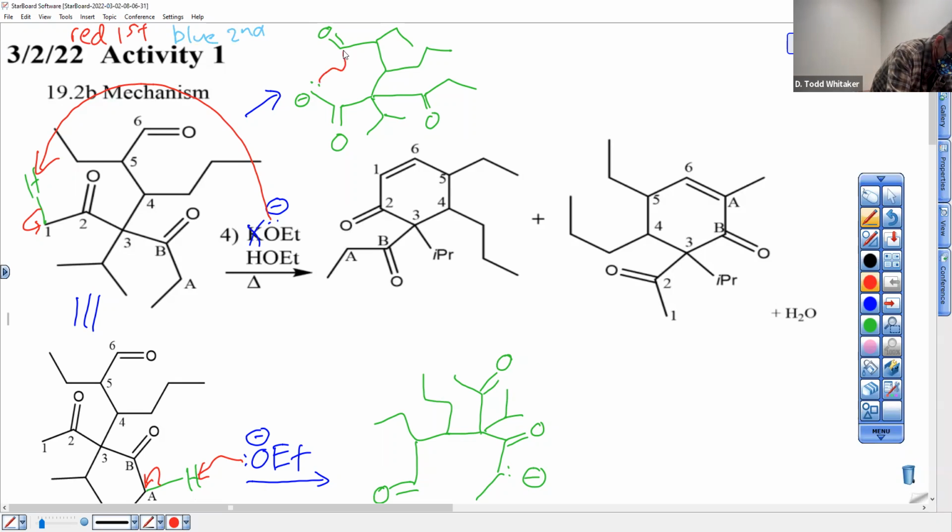This is going to hit a carbonyl. Pi breaks becomes sigma, lone pair. Pi breaks becomes lone pair and generates an O-. O-, strong base, grabs H from ethanol. Let's throw some ethanol right here. H-O-E-T. Baby blue.